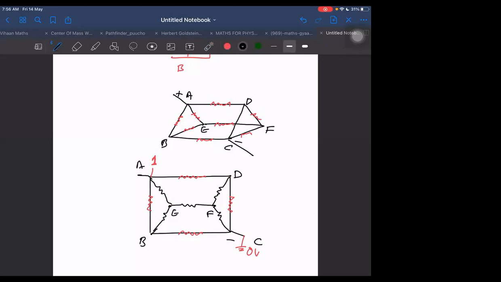It is having anti-symmetry. Sir, AE and FC will be at same potential. Is it having anti-symmetry or not? It is having anti-symmetry. If I fold it about this mirror, then plus comes below, minus goes up.